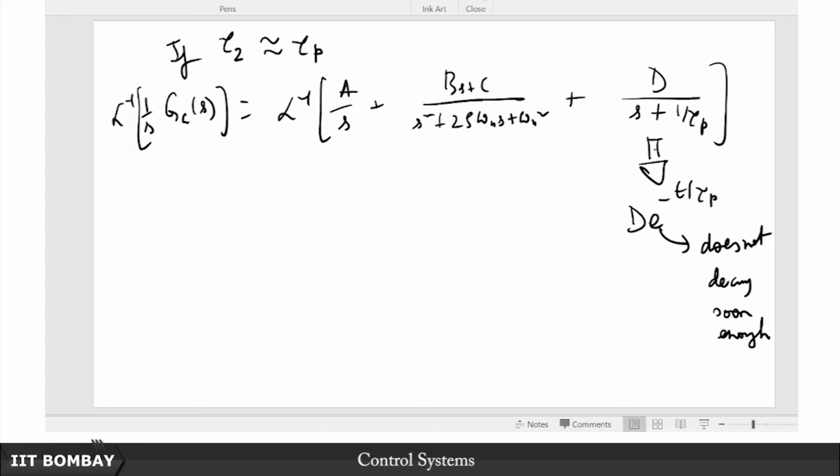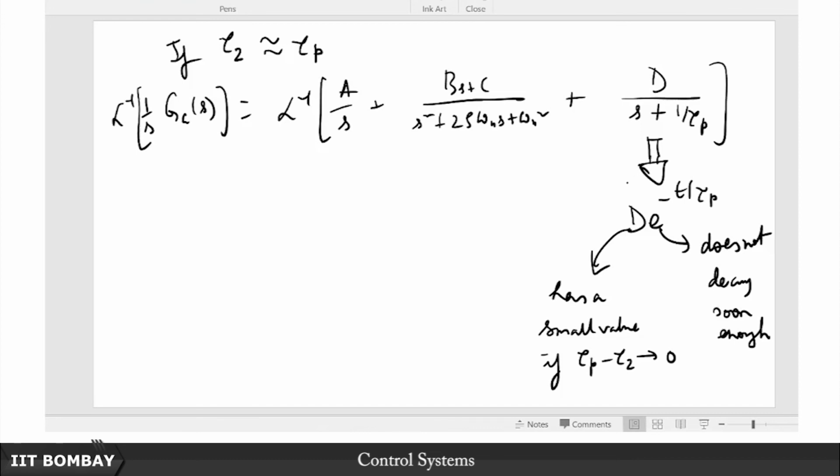However, if you carry out the residue analysis, you will see, unlike in the other case, that this D has a small value if tau p minus tau z tends to 0. So you can try out different values, let us say you give this some small value epsilon 1, epsilon 2, and you can keep changing. It is an interesting exercise.